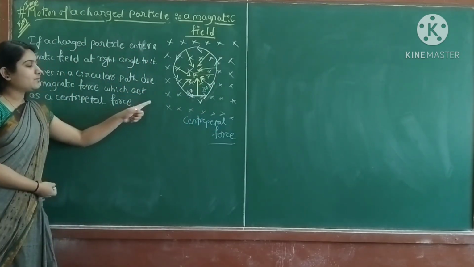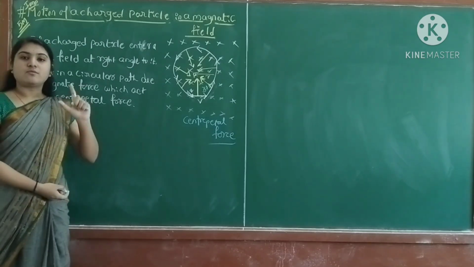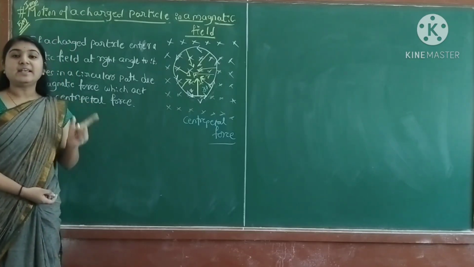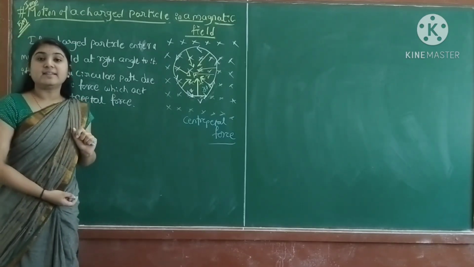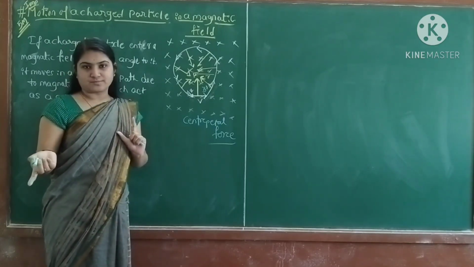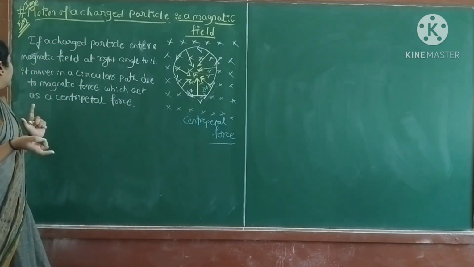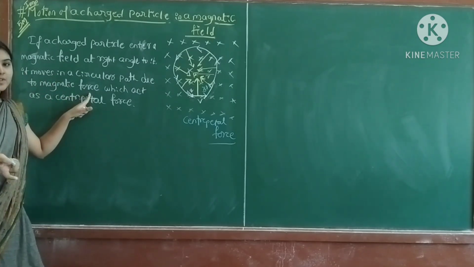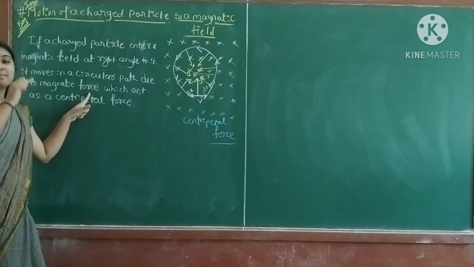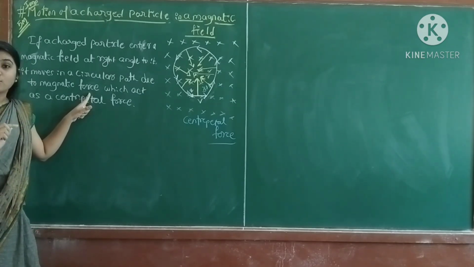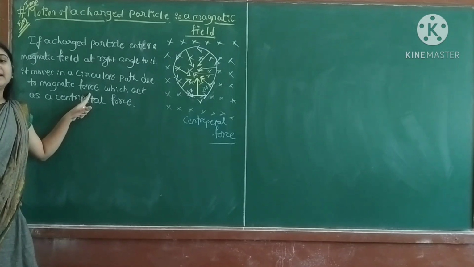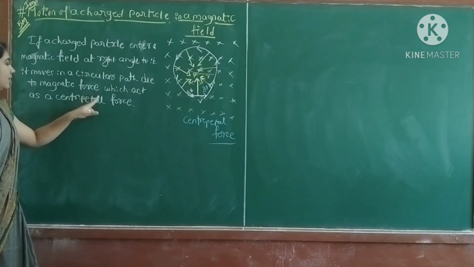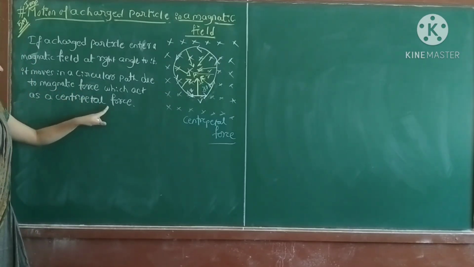When a charged particle enters the magnetic field at right angle to it, right angle ಅಂದ್ರೆ ಏನ್ರಿ, perpendicular direction, then it moves in a circular path due to the magnetic force. ಅದೇನಾಗುತ್ತೆ? Circular path ನಲ್ಲಿ movement ಸ್ಟಾರ್ಟ್ ಮಾಡುತ್ತೆ. Why? Because of the magnetic force F, which acts as a centripetal force.